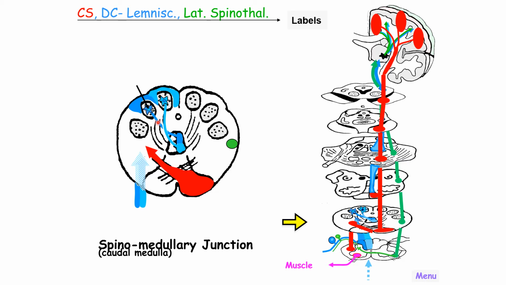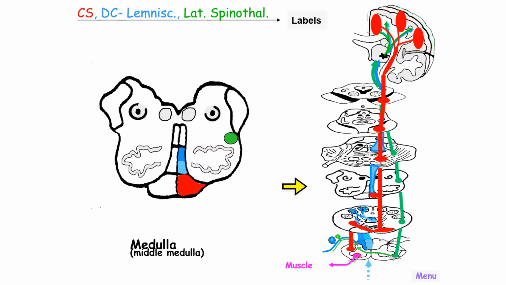And these will cross across the midline to occupy a position just above the pyramids. The leg will be lower and the arm will be a little bit higher. And we see the lateral spinothalamic tract more lateral.